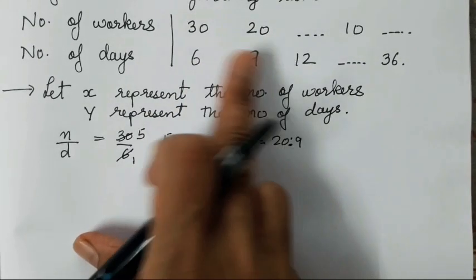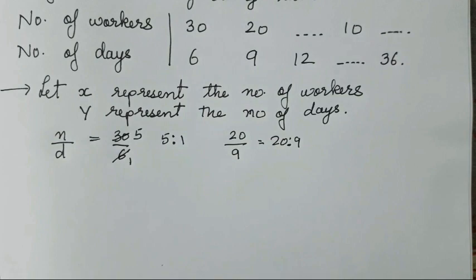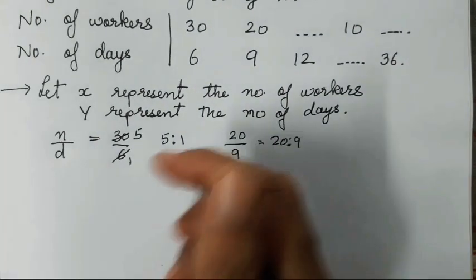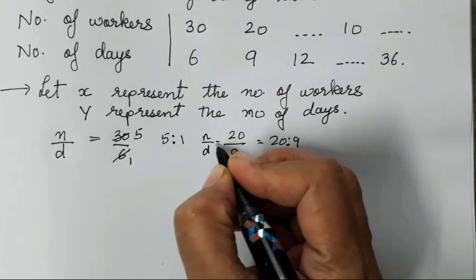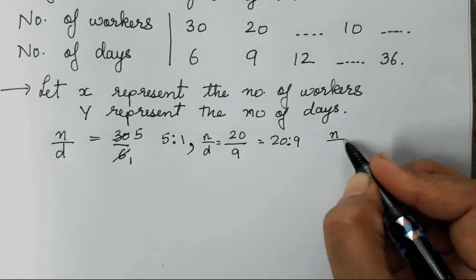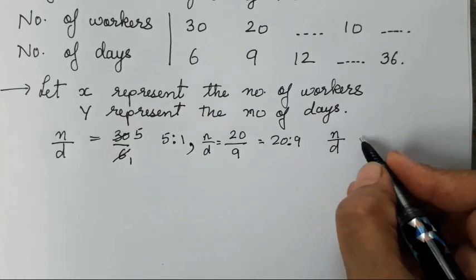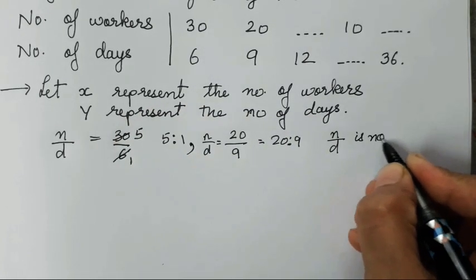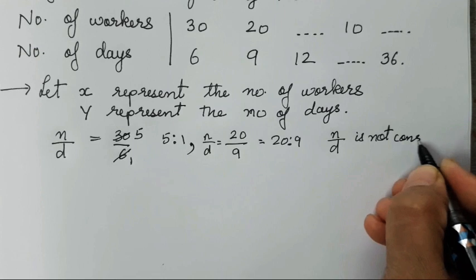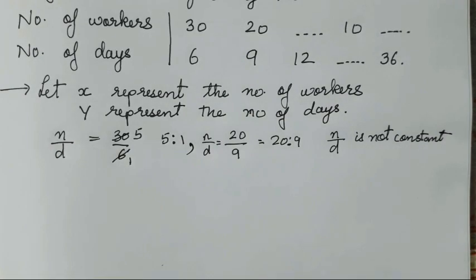Only these two are completely given. You have to find n upon d and decide whether it is constant or not. It is not constant, and when it is not constant, it is not a direct variation.